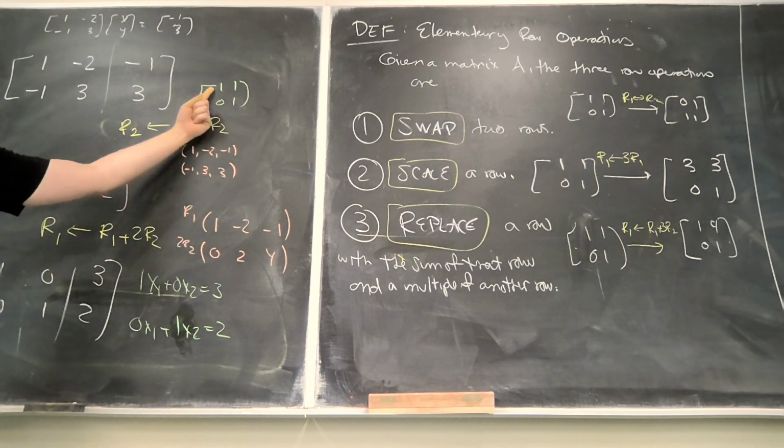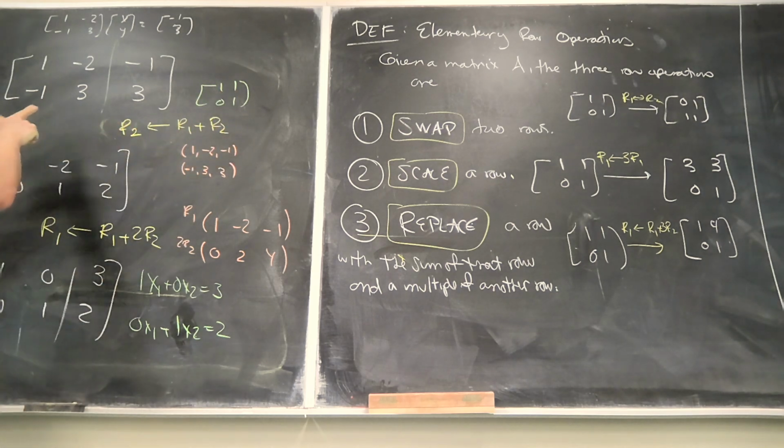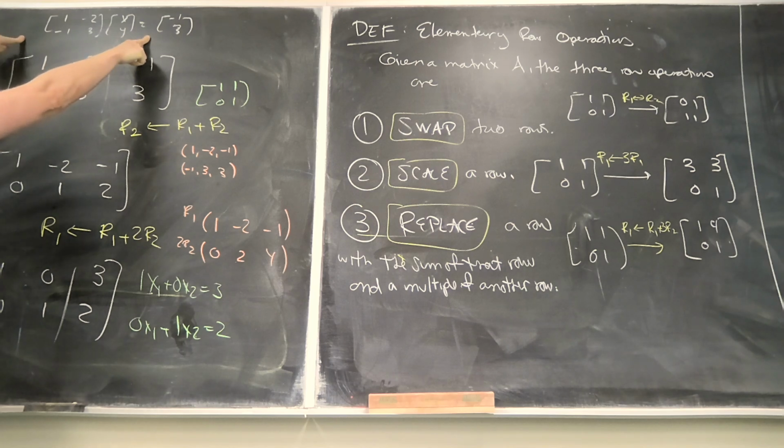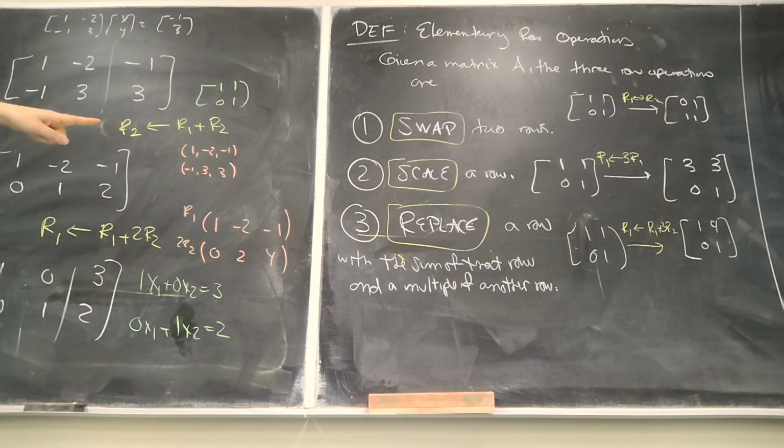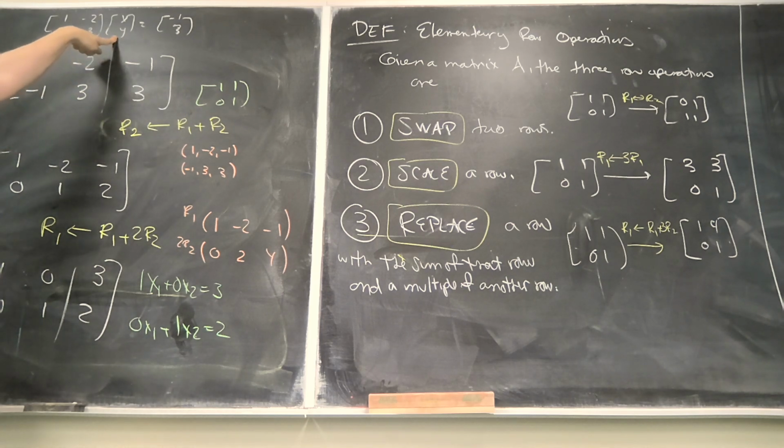Row 1 is 1 of row 1 plus 1 of row 2, and row 2 gets left alone. So you multiply both sides of the equation by this matrix, and it does that row operation. So every row operation is just multiplication by a matrix that I can undo. And notice when you do that, it doesn't change the answers to the equation. The x and y are the same because you multiply both sides by the same thing.